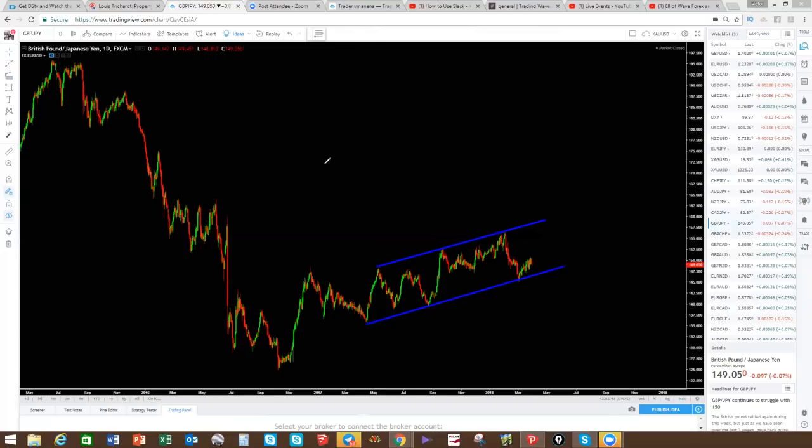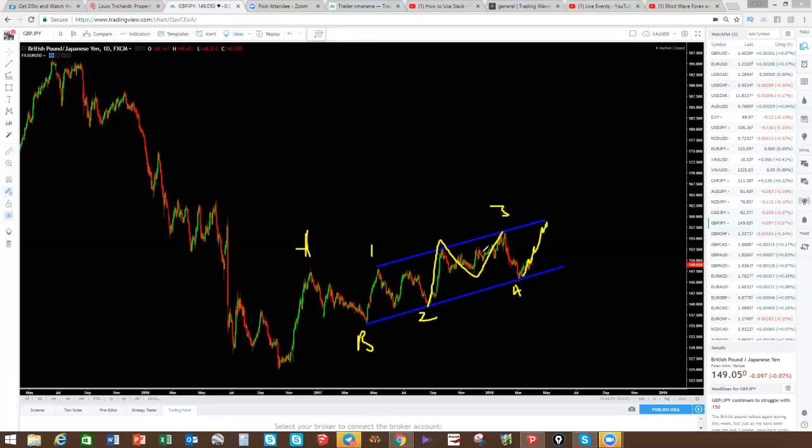It's an ending diagonal in wave C. A, B. And then we get this one is a 1, 2. This one is a 3. This one is a 4. And then possibly going for a wave 5.